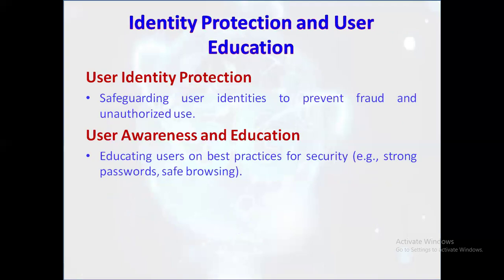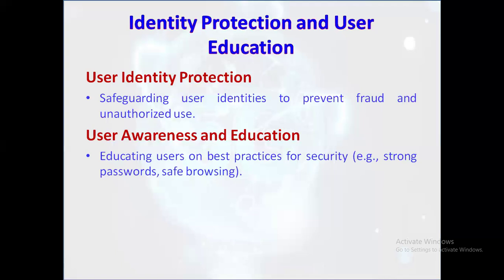And next, coming into identity protection and user education. User identity protection, the first one, is a critical aspect of 5G security. The theft or misuse of user identities can lead to significant security breaches, fraud, or unauthorized access to sensitive information.